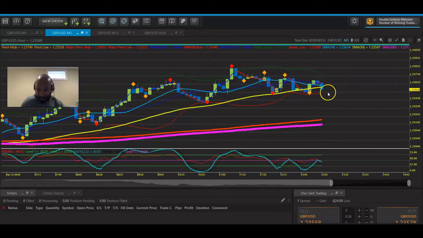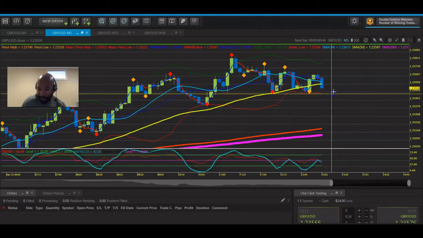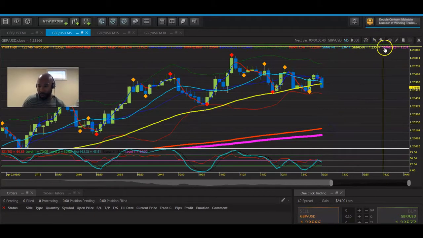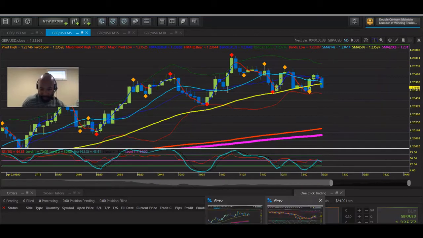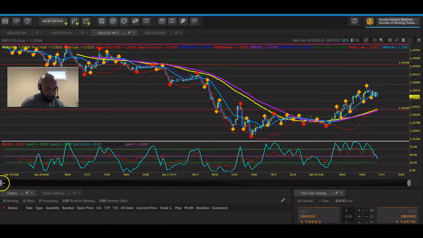Now you're seeing this as it crosses this line, this support line. It might head down and possibly give us 10 to 30 pips. Let's look at the 15-minute chart. Same thing.